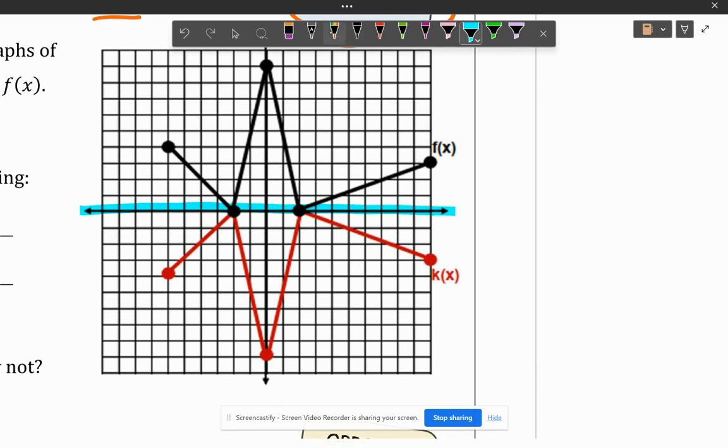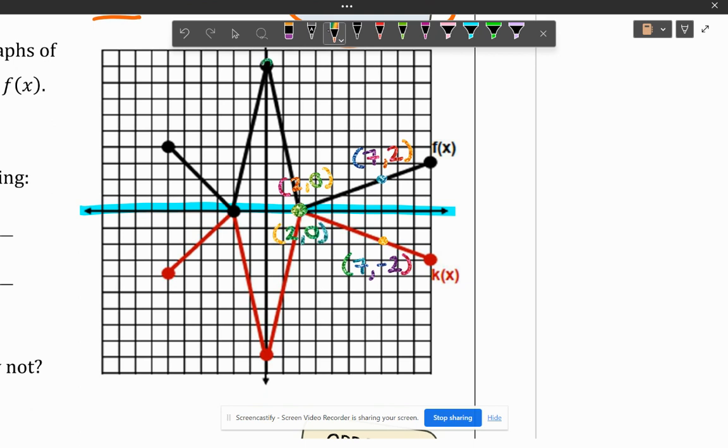We're going to take a look at a couple points, like the point 7, 2. And k of x at 7 is negative 2. At 2, 0 for f of x, it's still on that x-axis, so we're still at 2, 0 for k of x.